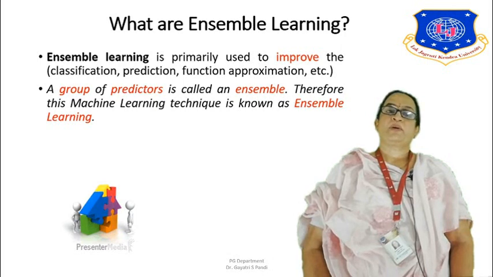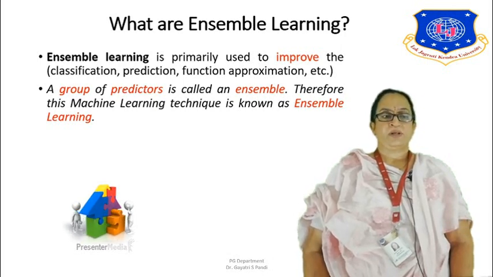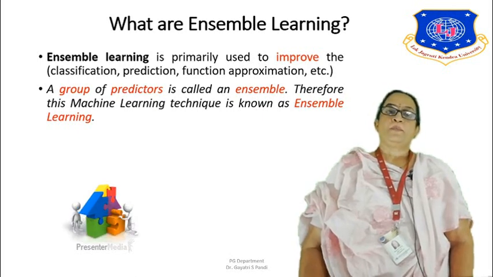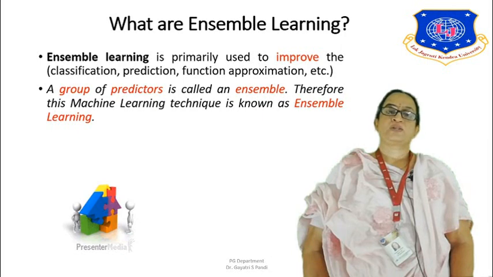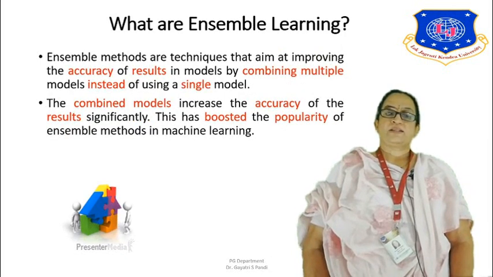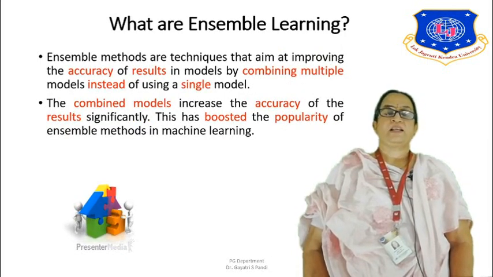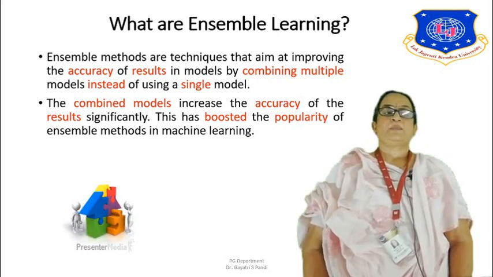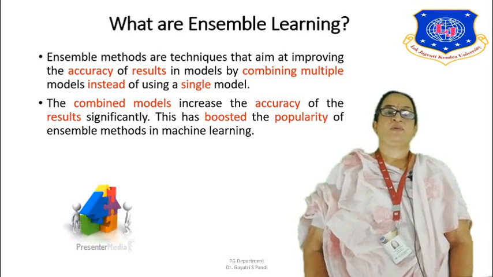So a group of predictors could be called an ensemble, and therefore this machine learning technique is known as ensemble learning, where you are trying to ensemble various techniques together. Now ensemble methods are techniques that basically aim at improving the accuracy of the results in the model. This accuracy is obtained by combining multiple models instead of a single model.